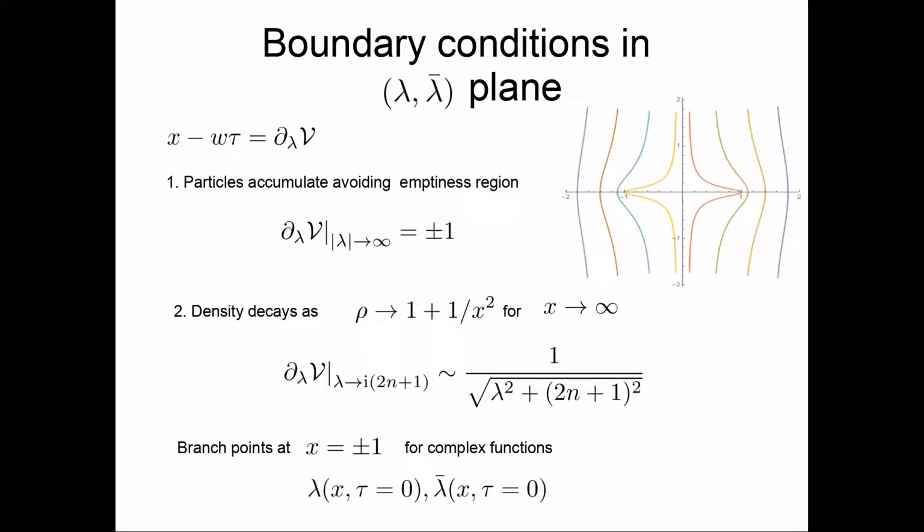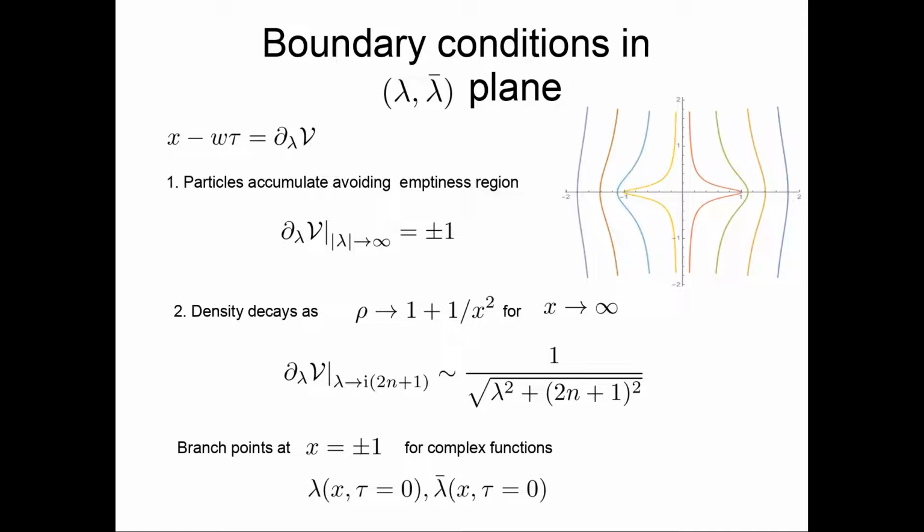Now, what are these functions for general n? There are two conditions which allow us to find them. The first condition can be seen like that. This is a schematic story of the particles moving in time. Since the particles evolve and have to avoid this region from -1 to 1 in my rescaled coordinates, they will pile up near the boundaries of the interval, and then the density should diverge there.